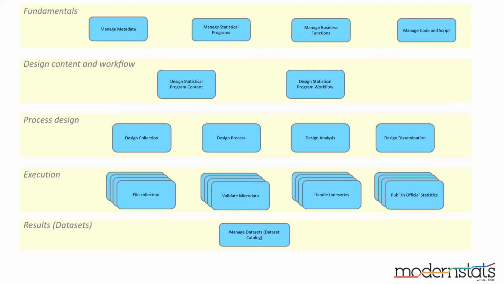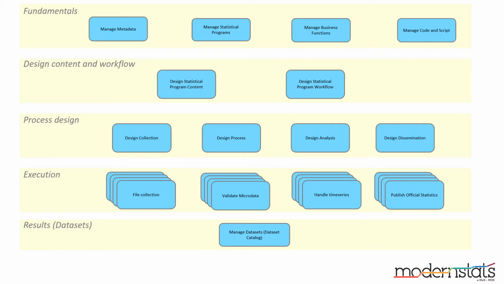And at the bottom you have the results, handling the results. And many capabilities are not shown in this diagram. And we have capabilities for frame design and frame selection. So there are many capabilities not shown here. Our latest capability that we have added is in the execution part, and that's web scraping.